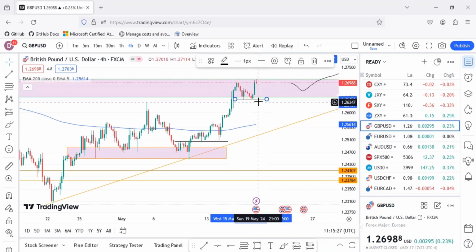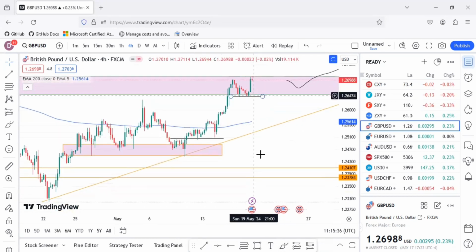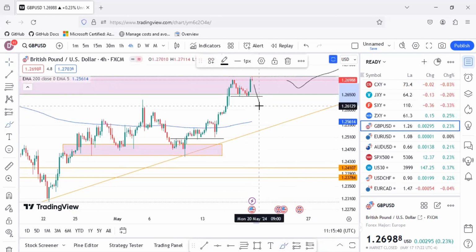If I see a break below this and the price closes below this, then I will wait for a retest. For example, if I could have something like this, a retest, then from here I will begin to short GBP USD. But as of now, there is nothing like that. So we still have to wait for the confirmation.